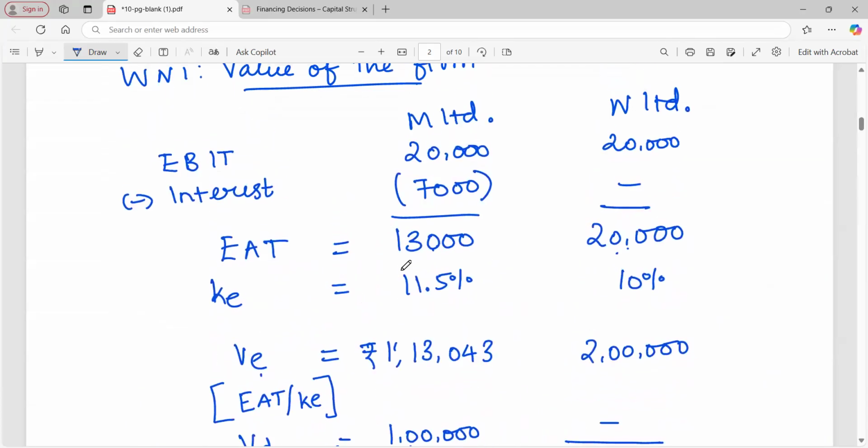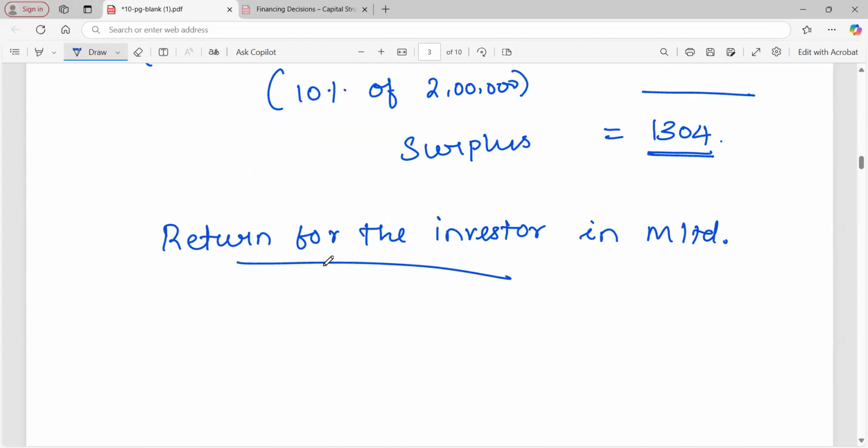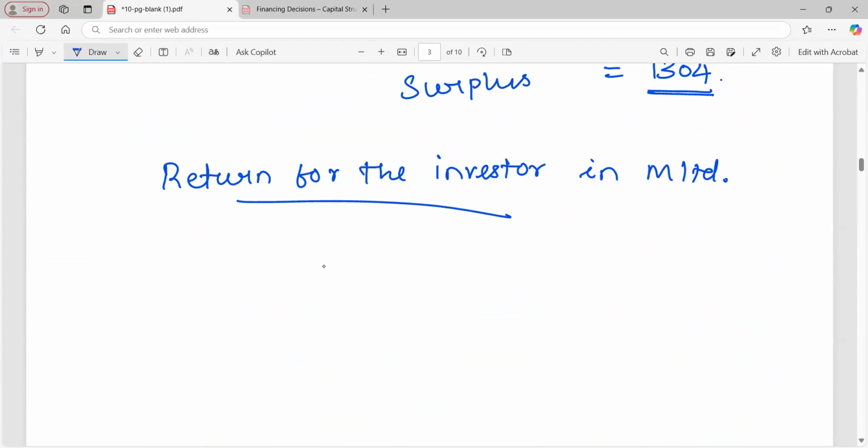What is the earnings attributable to the equity shareholders? It is 13,000. So this 13,000 is the total amount of profit that is attributable to the equity shareholders of the company, out of which the investor holds 10 percentage, right? So what is the return available to the investor? It is 10 percentage of 13,000. So the return earned by the investor is 1,300 from M Limited.